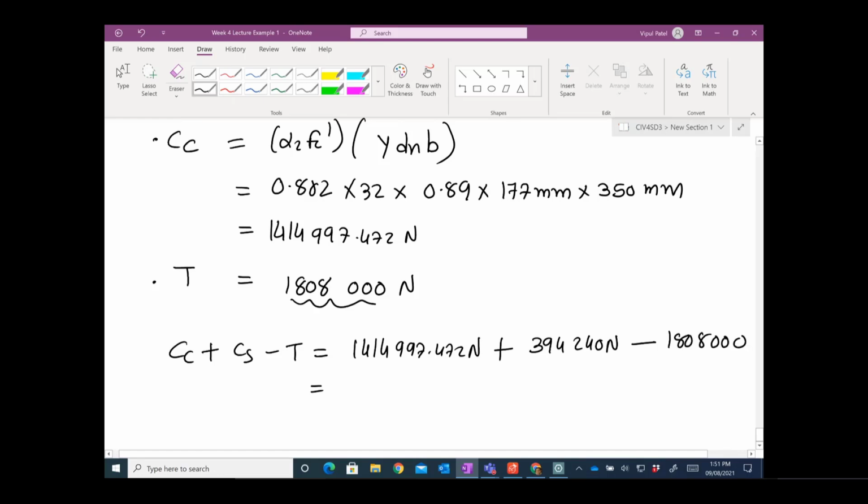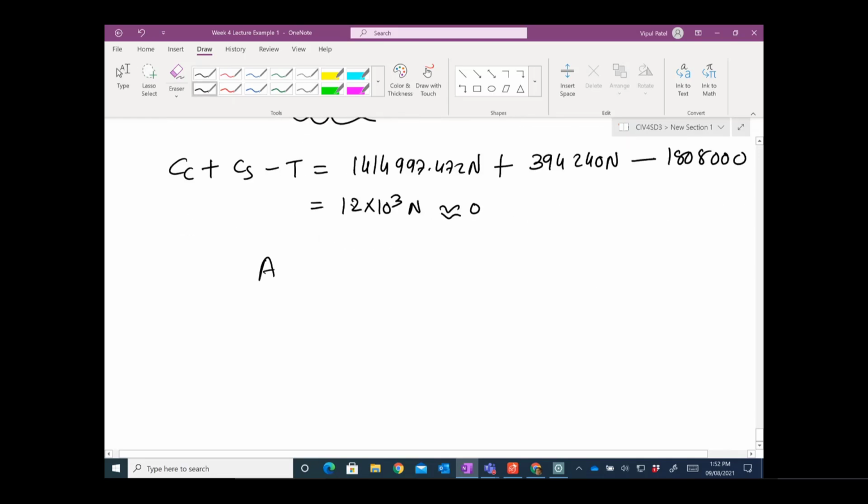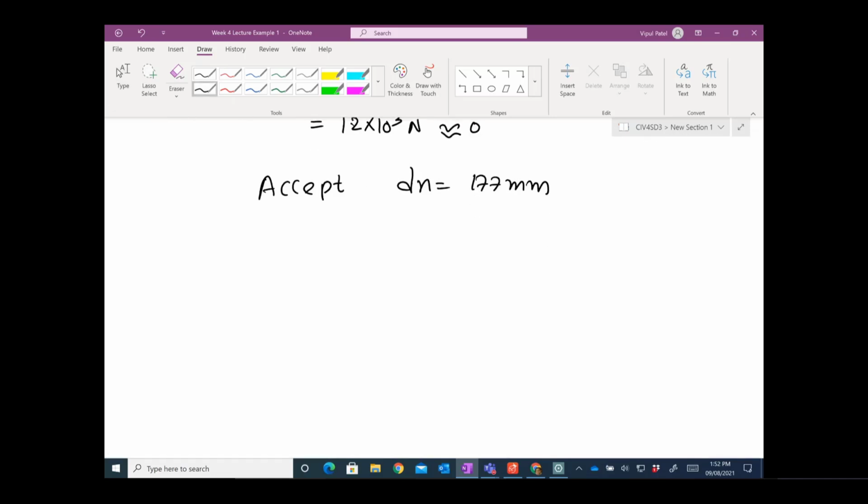So you will get almost 1.2 times 10 raised to 3 newtons, which is almost zero. Okay, we can't get it exactly zero because of rounding errors and all, but it's very close. So let's say we accept dn equal to 177 millimeters. Right, once you solve the dn, then all your checks are good.